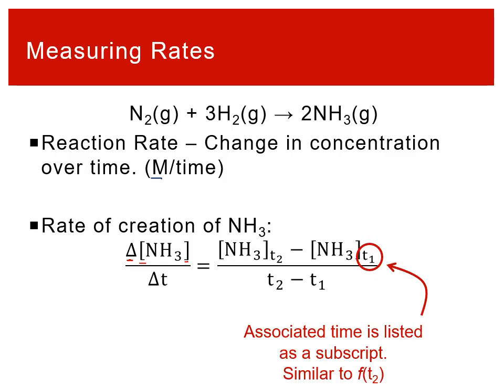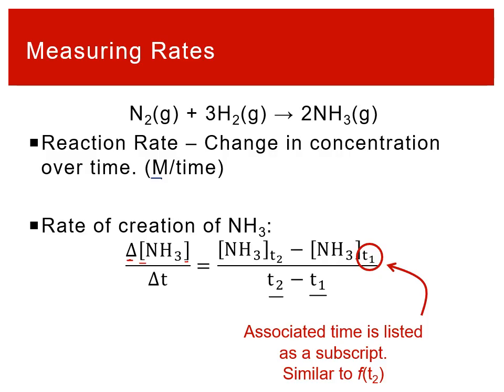You will note over here, I have put these subscripts of times. So you'll note the change in time is T1 to T2. And when we use these brackets to represent the molarity of a compound, we use a subscript of a time afterwards to denote the time that I'm looking at that molarity of.